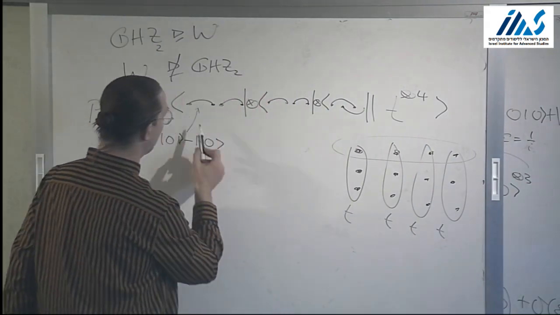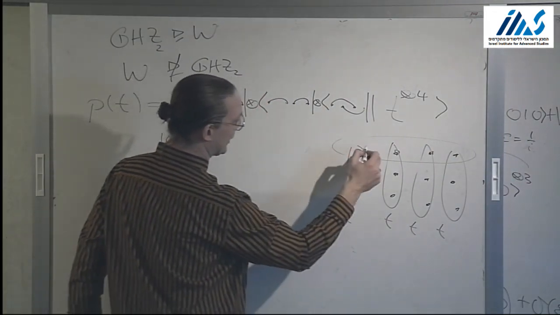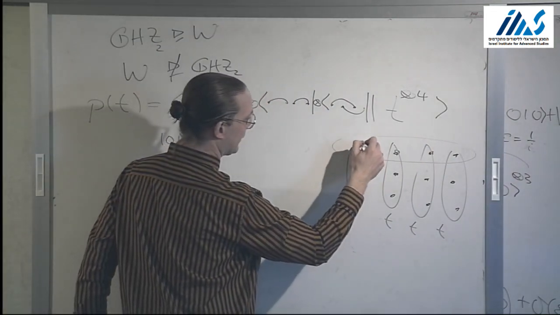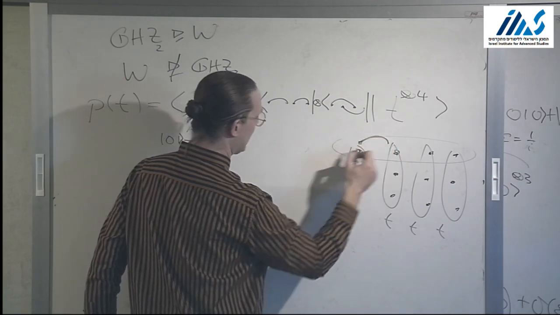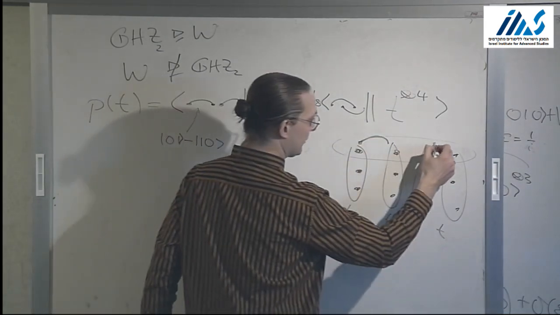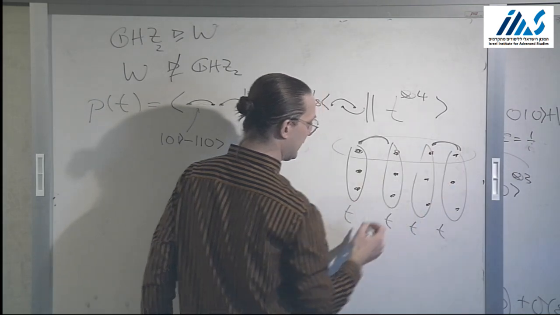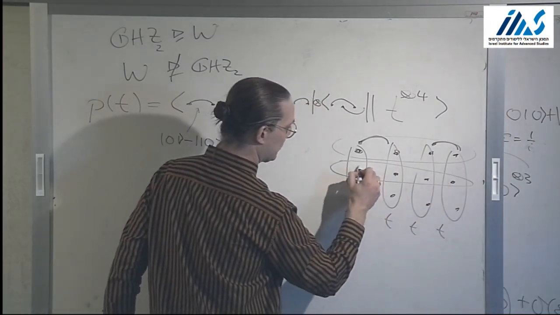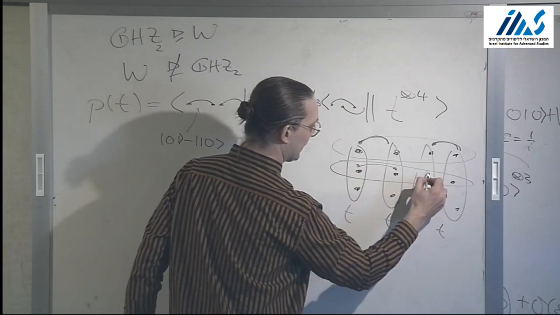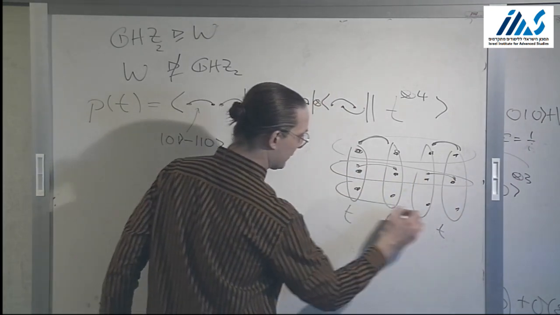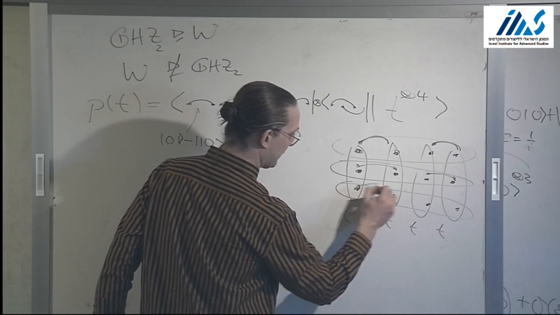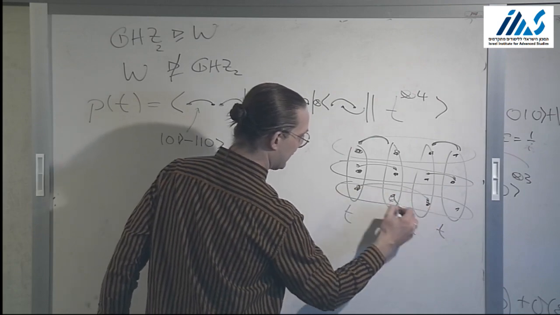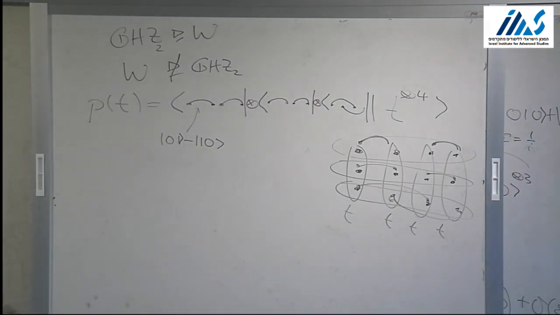This first vector is an entangled pair between this and this, like this singlet here, and between this and this. And on the second one, I give you this that is also between here and here, and between here and here. And on the third one, I give you the vector that's between here and here, and here and here. Now, okay, that looks like a mess, I guess. Right, very good. This is a polynomial.